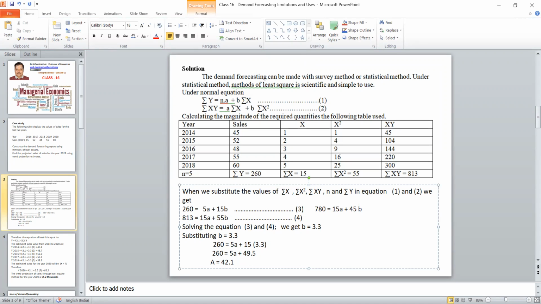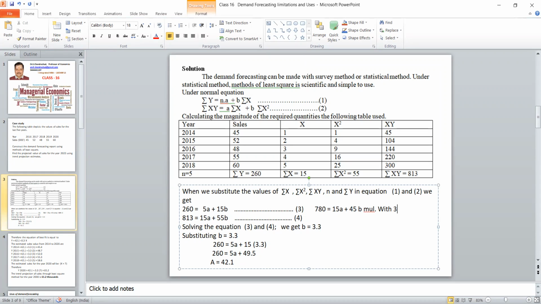Am I right? This will be because you multiplied with 3. Because of this, equation 3 becomes like this. Now you use this particular equation with equation number 4.